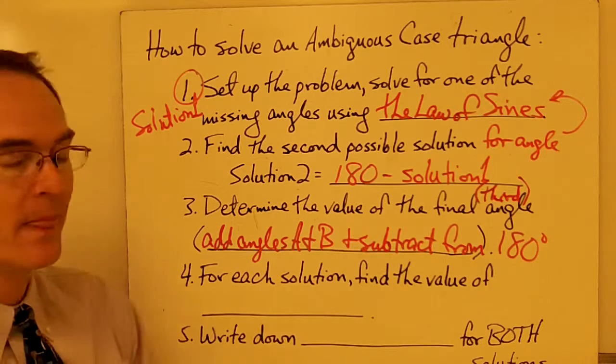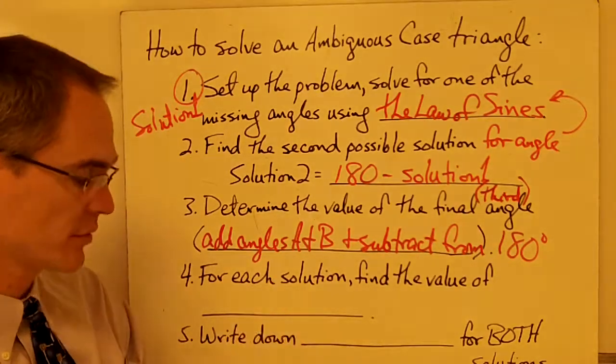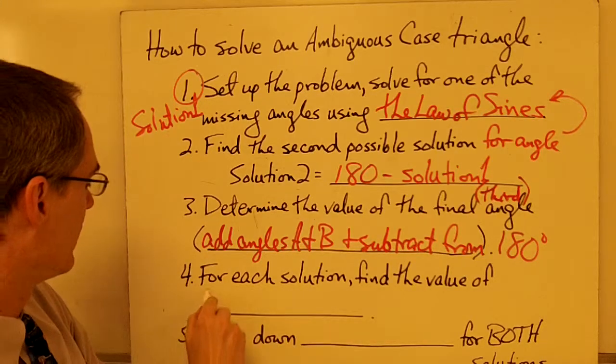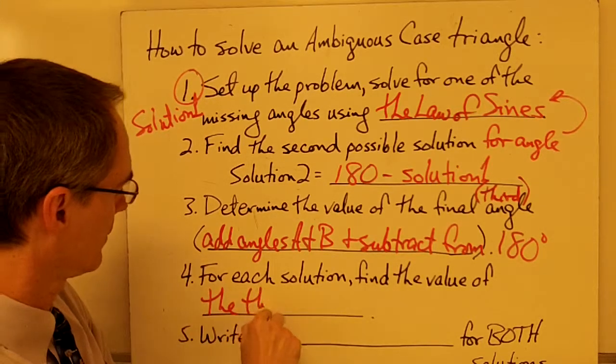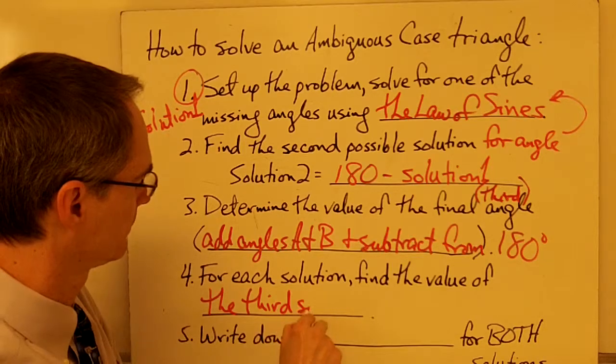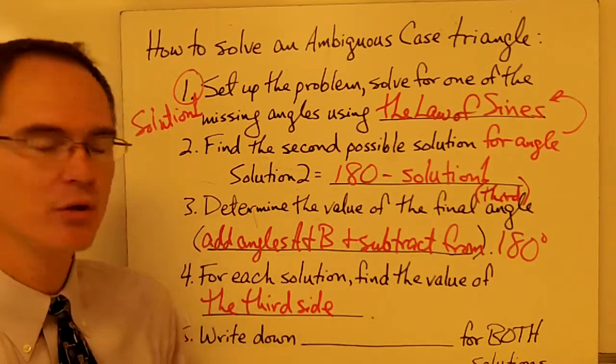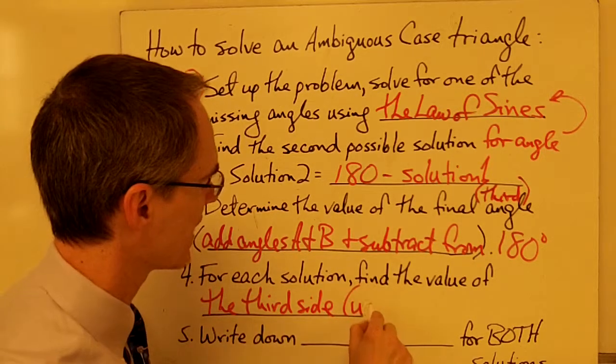Step number 4: for each of your two solutions, you find the value of the third side. Typically, you're going to do that using the law of sines.